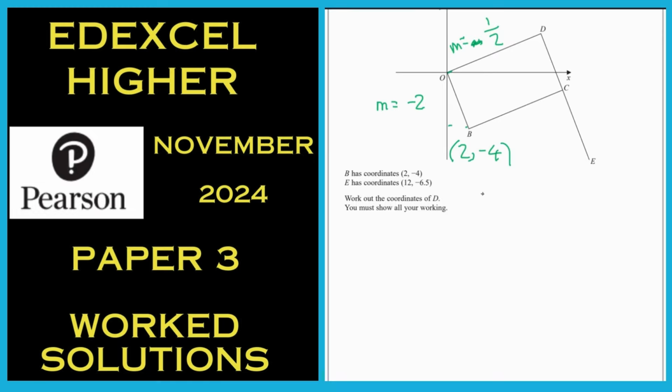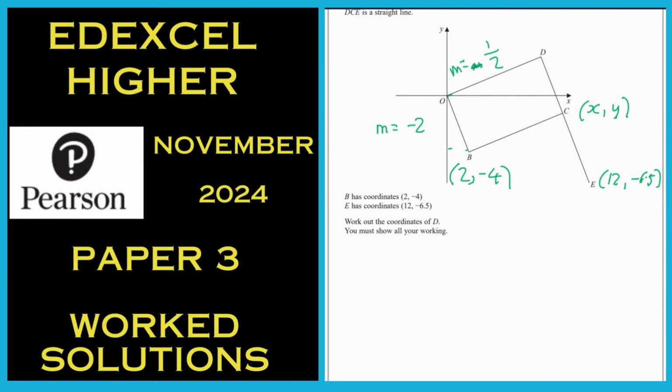We're told where E is. 12, minus 6.5. The vertex we don't really know anything about is C. I'm going to call the coordinates of C x and y. Now, I don't want to call D x and y because we'll get there in a bit.